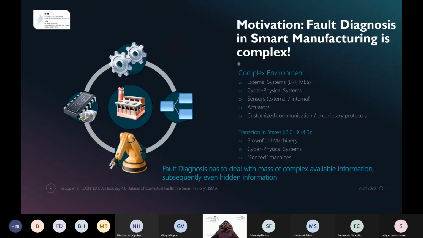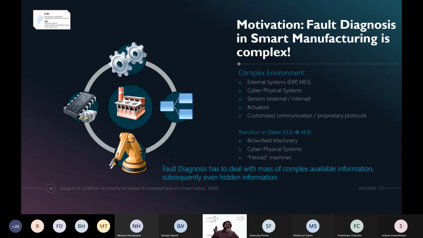So what was the motivation behind our context dataset? We have the use case of fault diagnosis within a complex environment with external systems like ERP and MES, cyber physical systems, internal and external sensors, actuators, and a lot of customized communication and proprietary protocols.